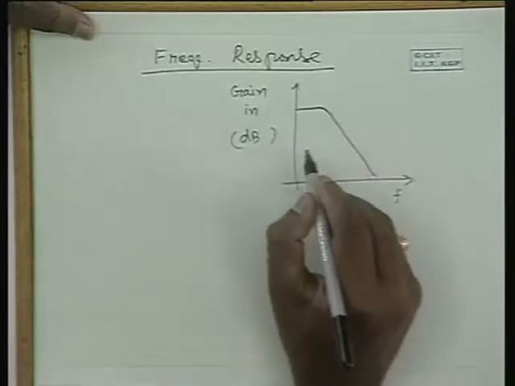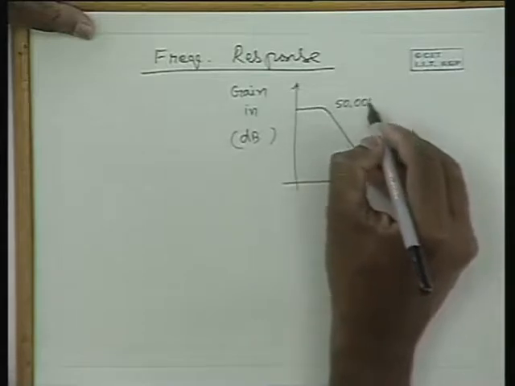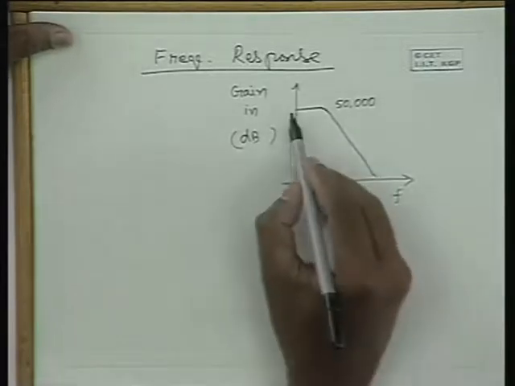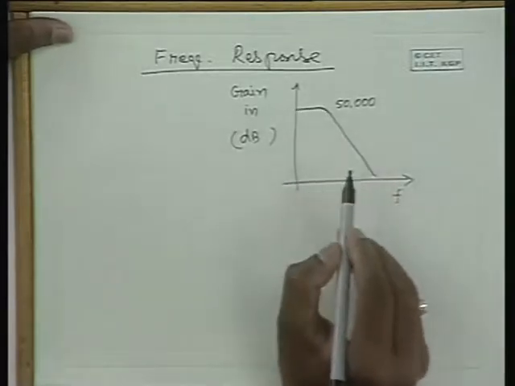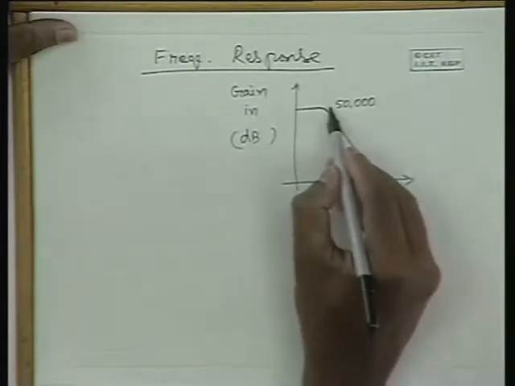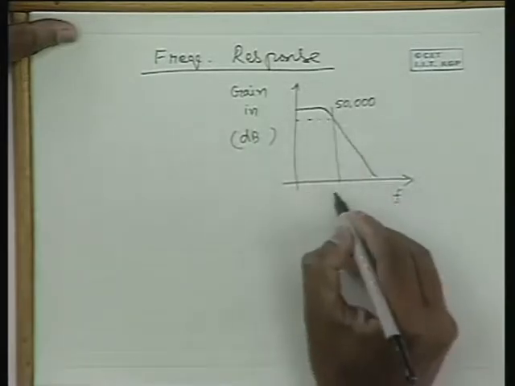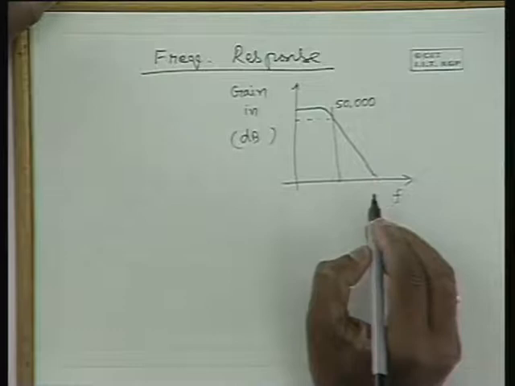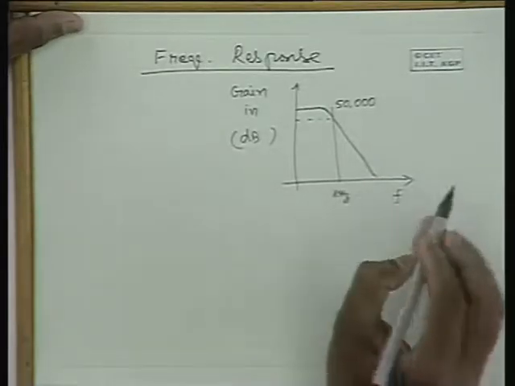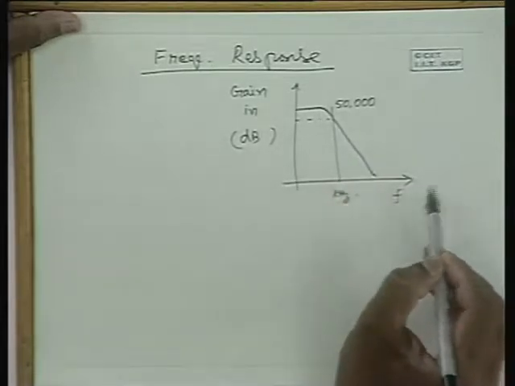As I said, the open loop gain is 50,000, and the 50,000 gain cannot be obtained for all frequencies. So the 3 dB cutoff frequency may be around a few kilohertz, and if you go for higher and higher frequencies, the gain drops.